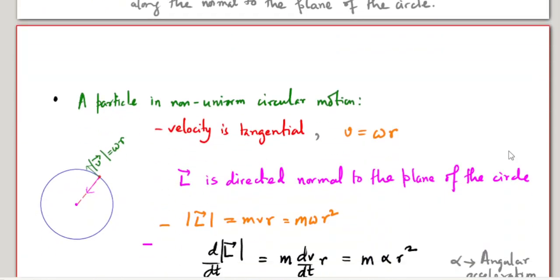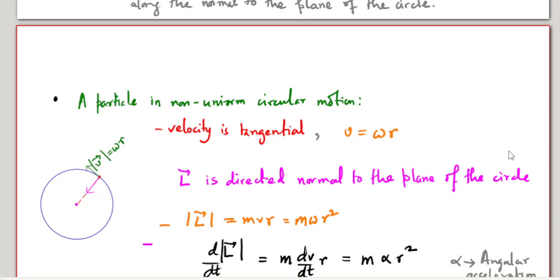Now, as in the previous case, velocity will be along the tangent, and its magnitude v is given by the angular velocity times r. The only difference from the previous case is whereas in the previous case the speed v was a constant, therefore omega was also a constant. Now v, the magnitude of the speed, varies. Of course it varies along with omega in direct proportion to it.